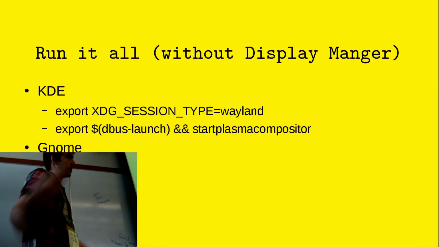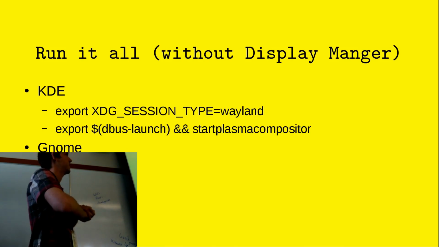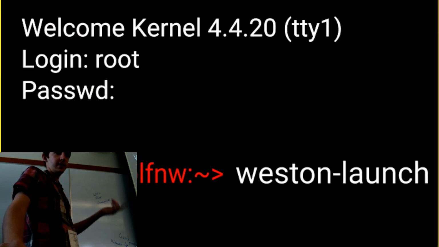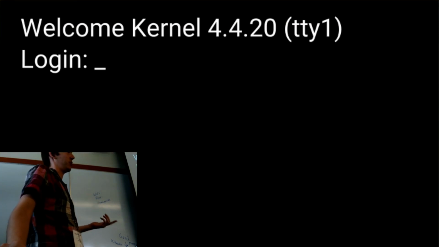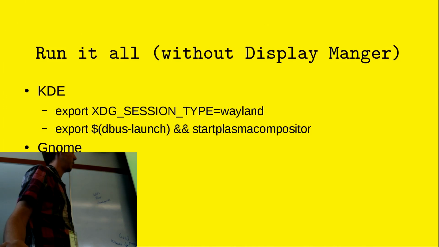And the equivalent of running your desktop environment is super not good right now in Wayland. For example, if you were back at this screen here, and you wanted to actually launch your Wayland session, the command is horrible. In KDE, make a shell script.